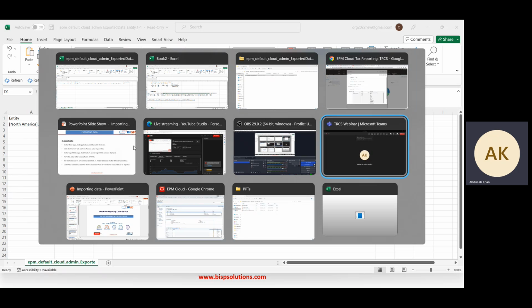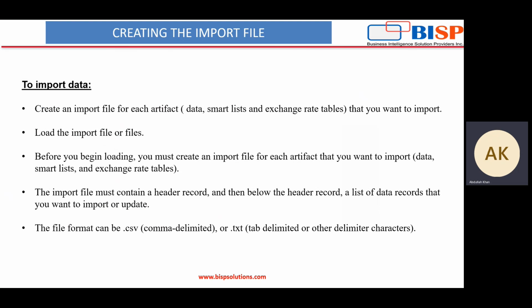So we'll just go to the slide again. Here are the steps for creating the import file and how we can import the data. In order to import the file, we will be loading the data into the import file for each artifact, namely the data, smart lists, and exchange rate tables.